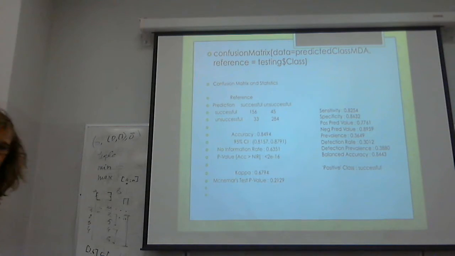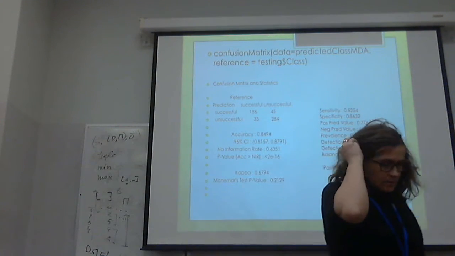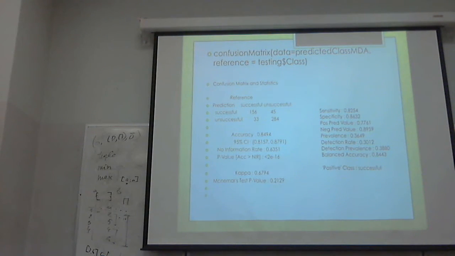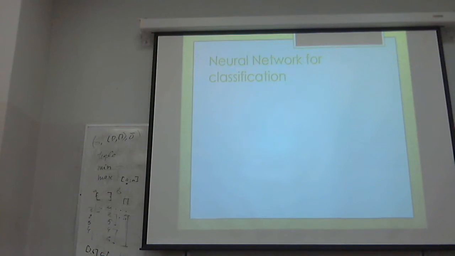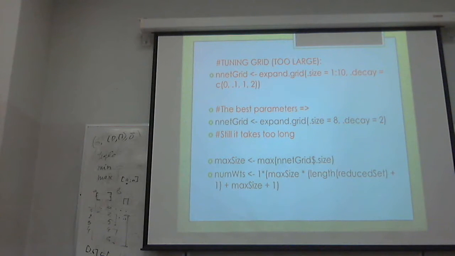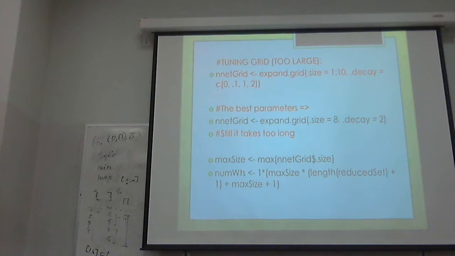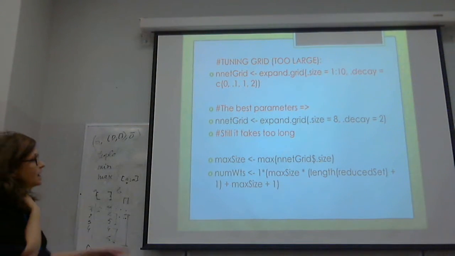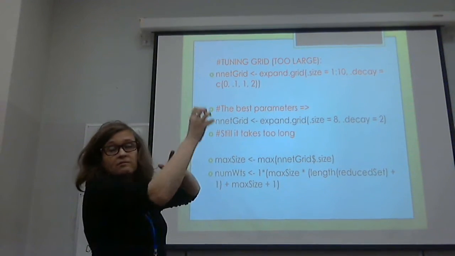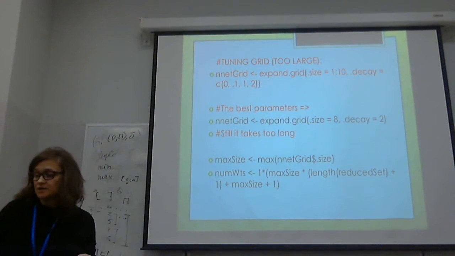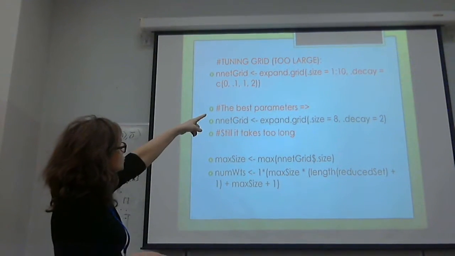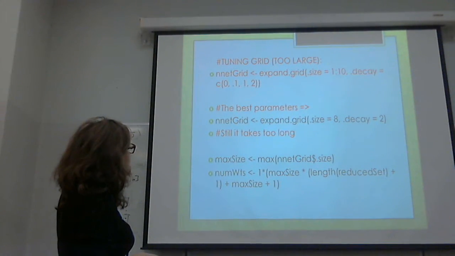It can be done in the same way. And I will just show you the neural network data for classification. So the tuning was too large. Actually, the neural network was tested with size 1 to 10. This is where we have one layer. What we use here in the class is just one layer of neurons, but neurons could change from 1 to 10.